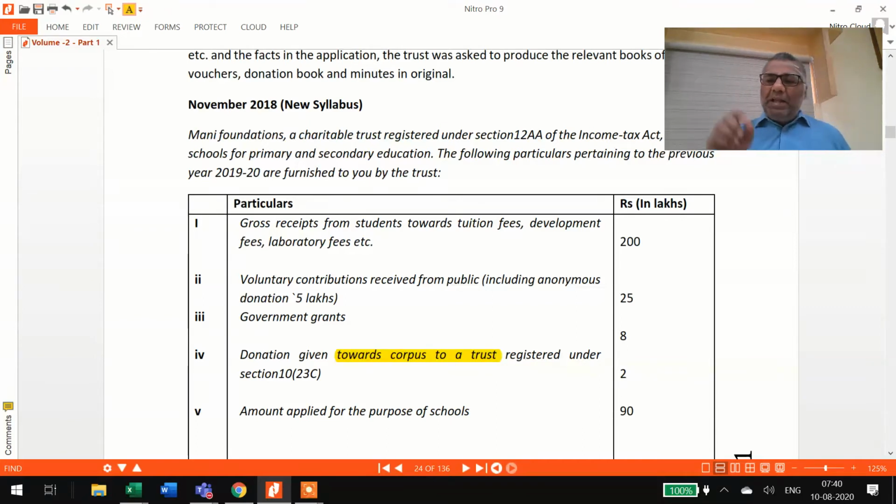So this will not be treated as application. This will not be treated as application because it is given with a direction. Whatever is your utilization should become other trust income. So it is given otherwise.